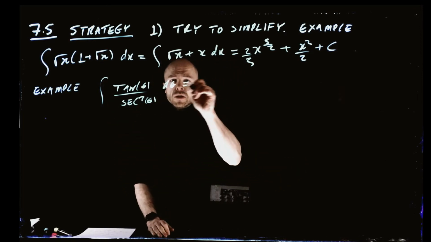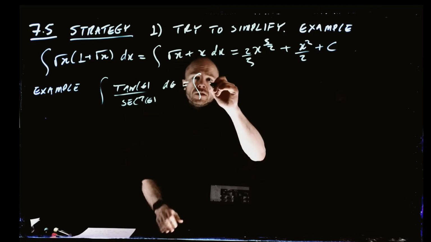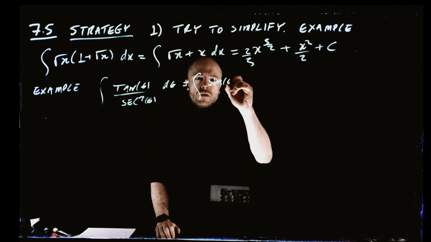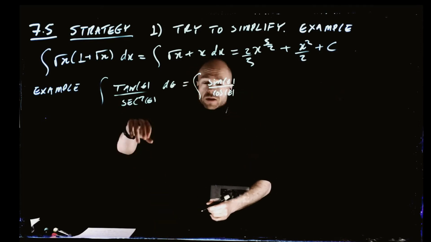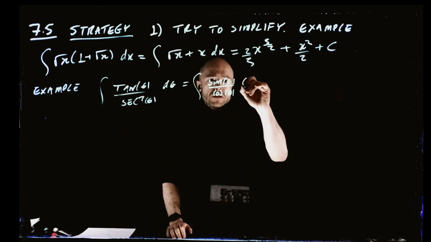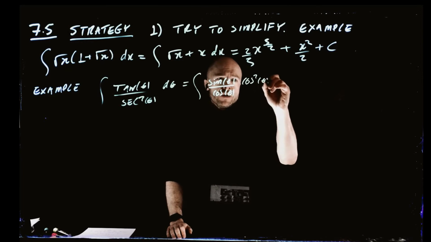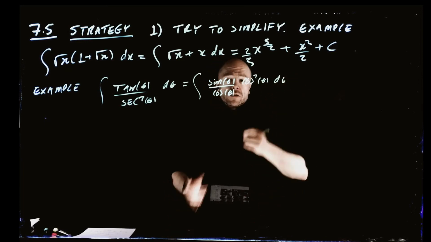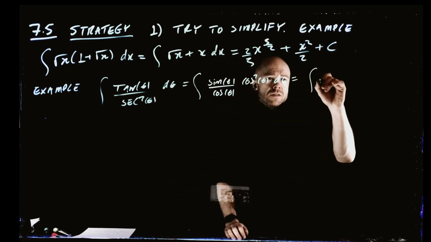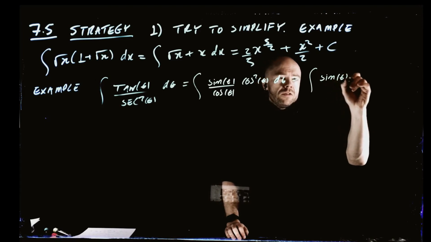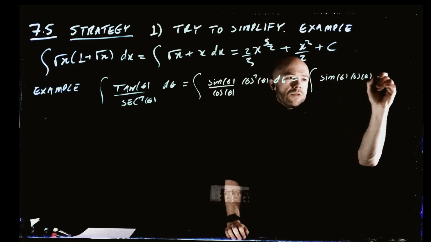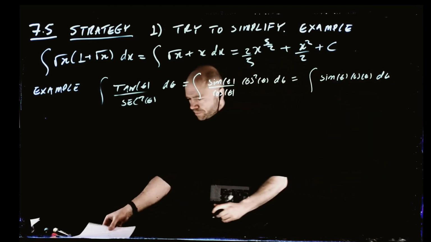So we know what tan is. Tan is equal to sine theta over cosine of theta. Sec is 1 over cosine of theta, so this is cosine squared of theta right here. So when the cosines cancel, this is sine of theta, cosine of theta, like this.